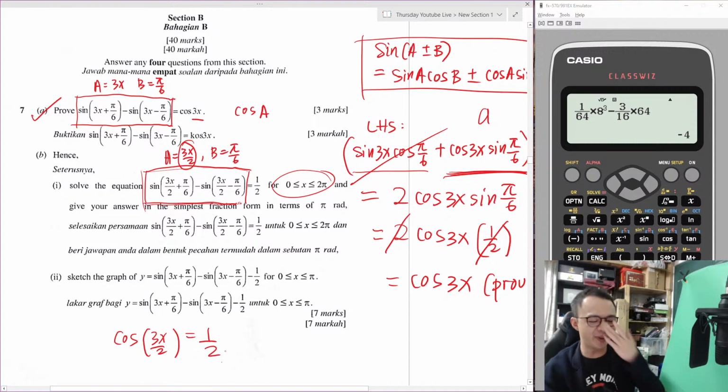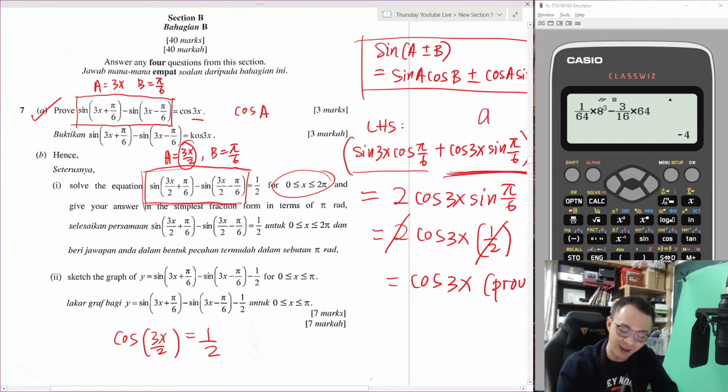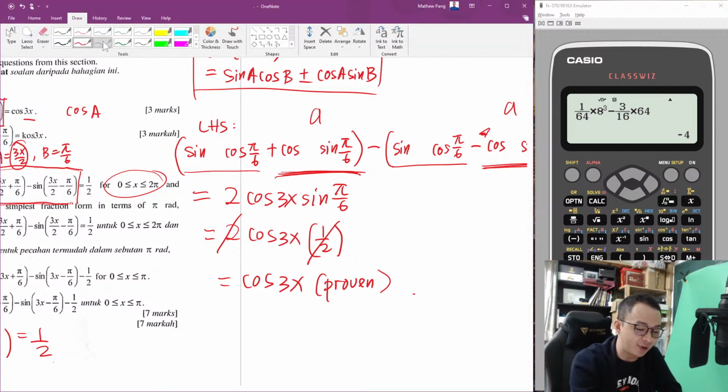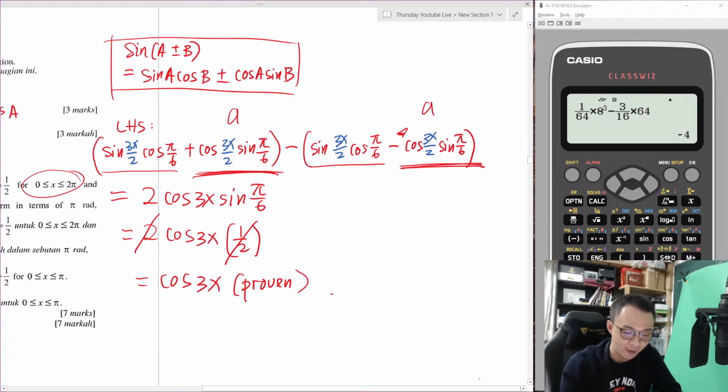If you do not believe me, you say, sir, you bluff me, I don't believe this one is cos 3x over 2. Okay, let me show you real quick here. I will just erase all the 3x here to change them into the 3x over 2. Then you realize the same thing, I will cancel out.